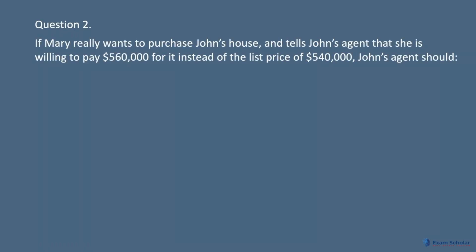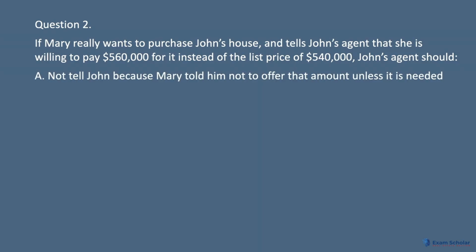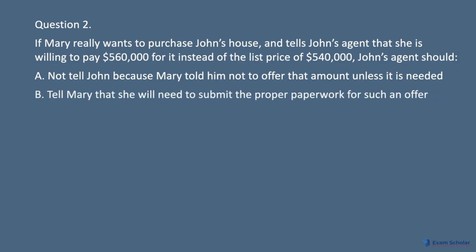Question 2. If Mary really wants to purchase John's house, and tells John's agent that she is willing to pay $560,000 for it instead of the list price of $540,000, John's agent should A. Tell John because Mary told him not to offer that amount unless it is needed. B. Tell Mary that she will need to submit the proper paperwork for such an offer.